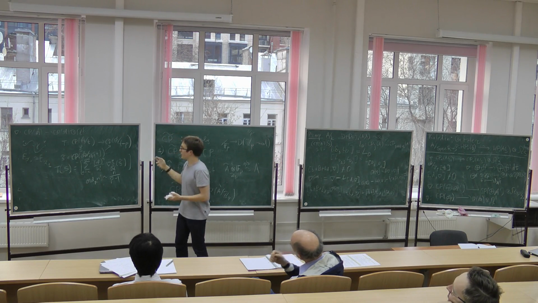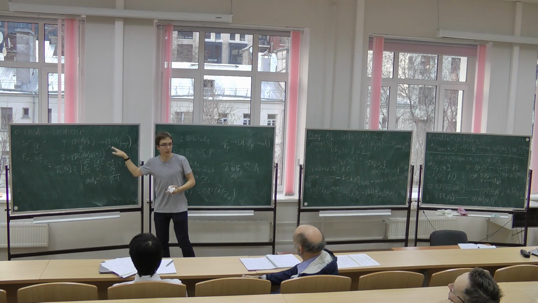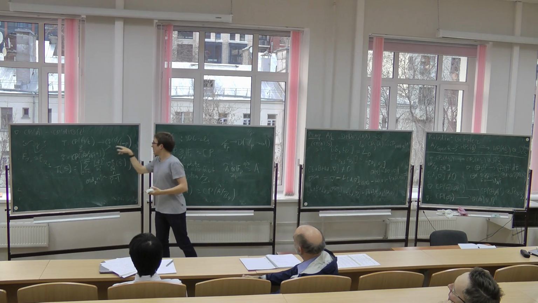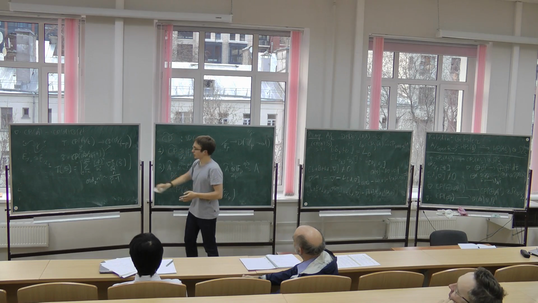So I don't claim that periodic cyclic homology of a fiber over 0 and over 1 are isomorphic, but only over points which have the same reduction. Okay, so this is the formula.